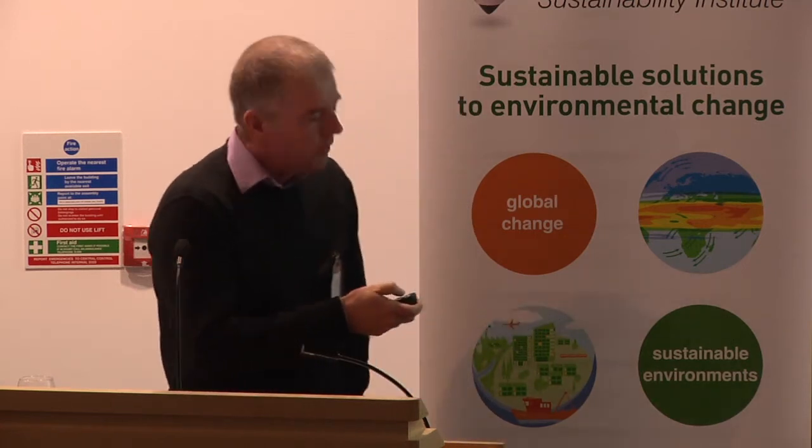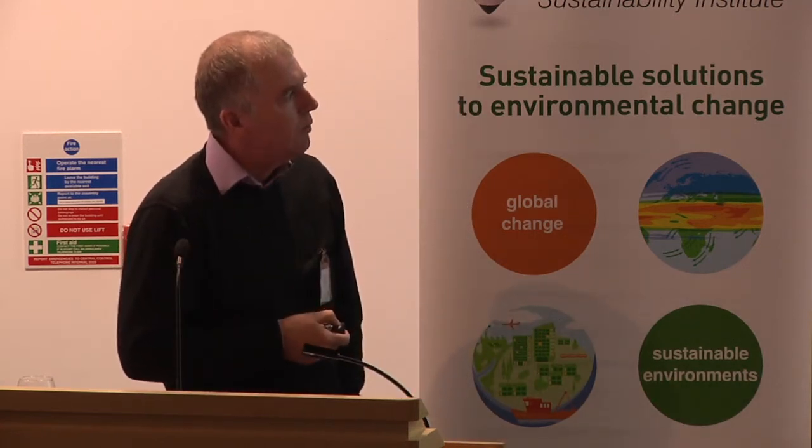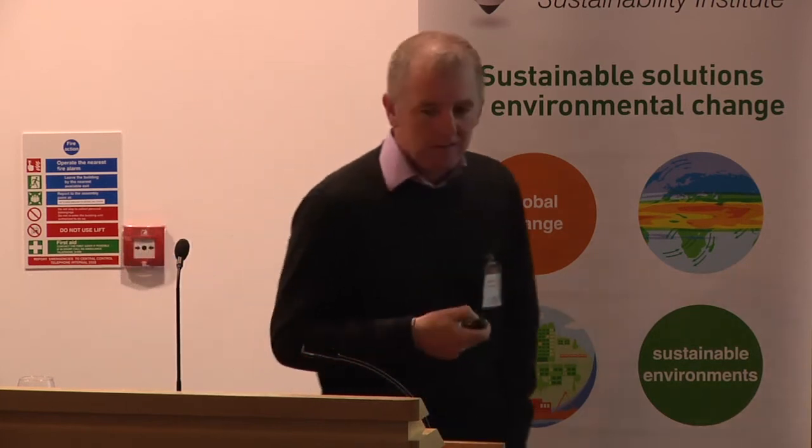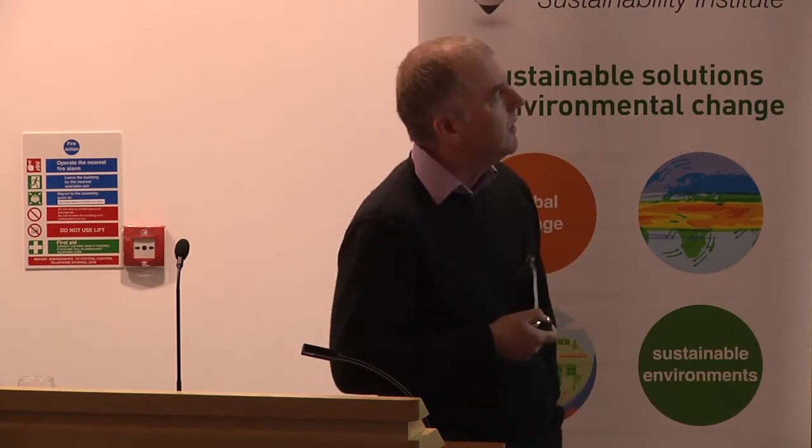I put this slide in just to remind us that when we talk about agriculture, it's not a natural process. Maize comes from Mexico, it doesn't come from Africa. And potatoes, as we all know, come from South America, and I'm passionate about potatoes coming from Ireland.